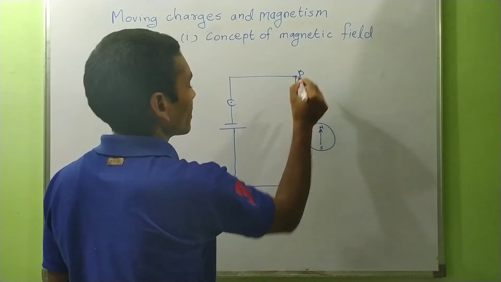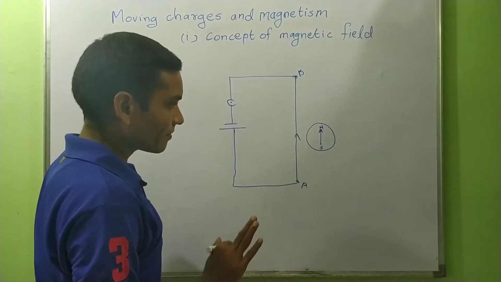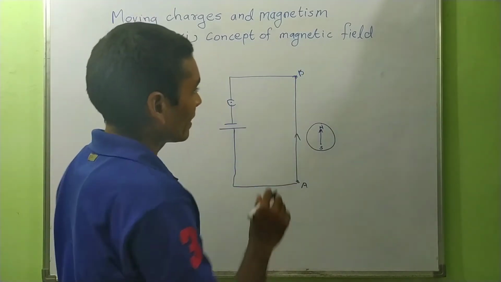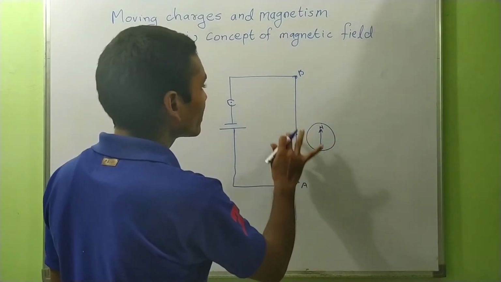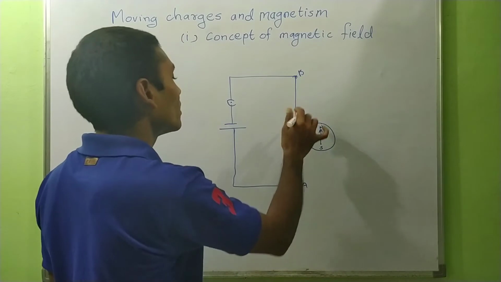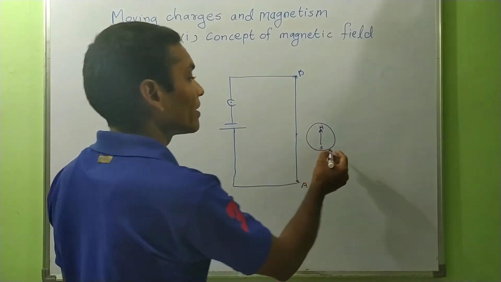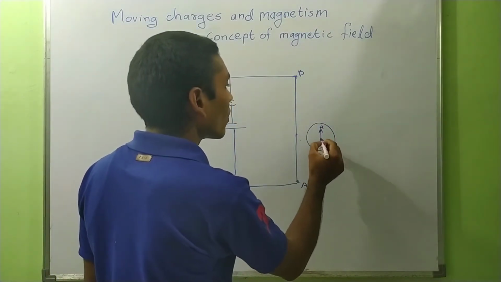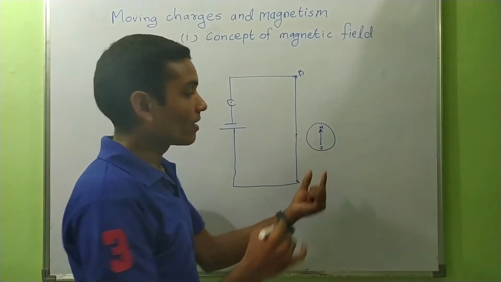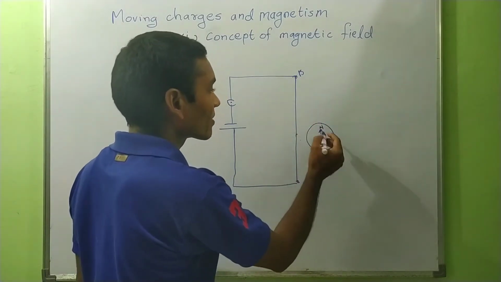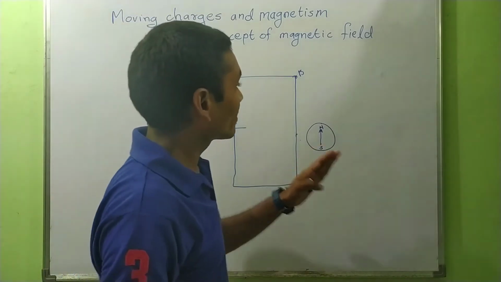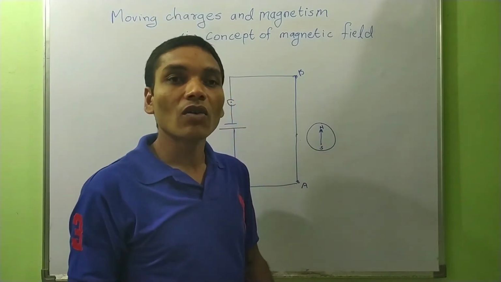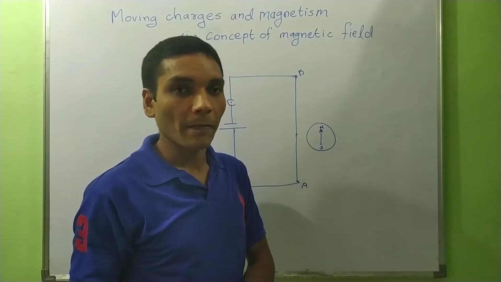and the direction of current will be A to B. Now, if current is not flowing through the conductor, then the needle of this magnetic compass will align along the north-south of the earth.